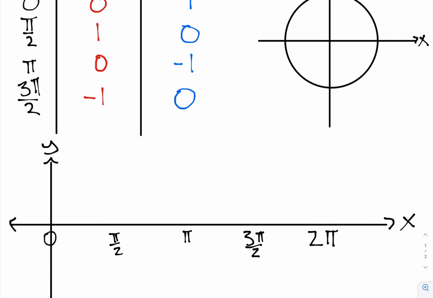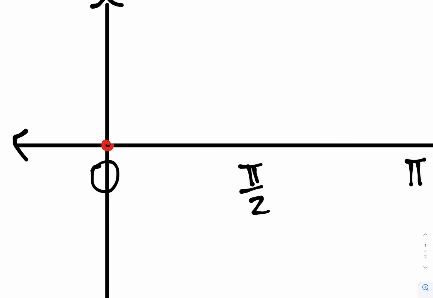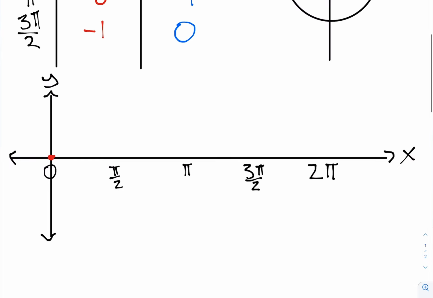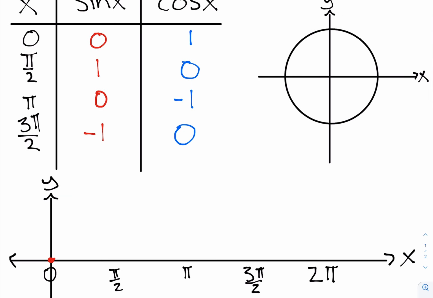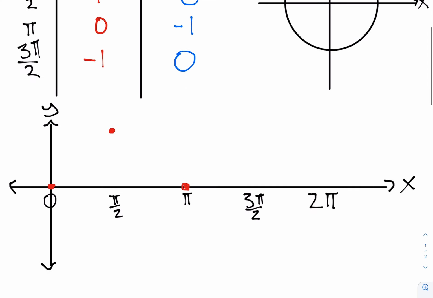So if I'm going to plot these points here, let's just do sine first. Sine starts at 0. Okay, the sine of pi over 2 is going to be 1, so it's going to go up here. The sine of pi is 0, so it's going to go back down here. Sine of 3 pi over 2 is -1, so it's going down here. Okay, that's kind of odd.